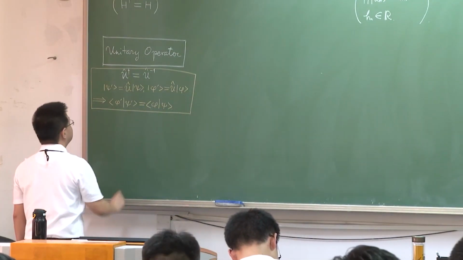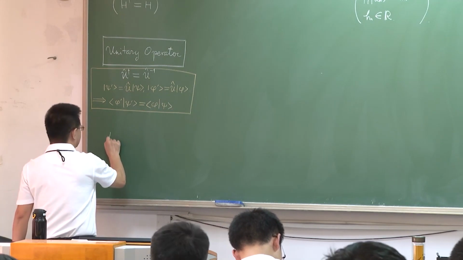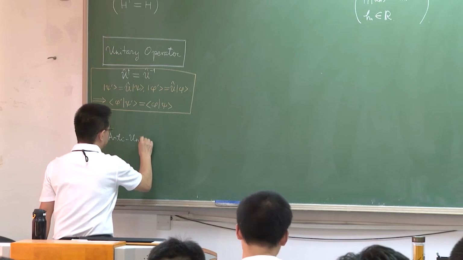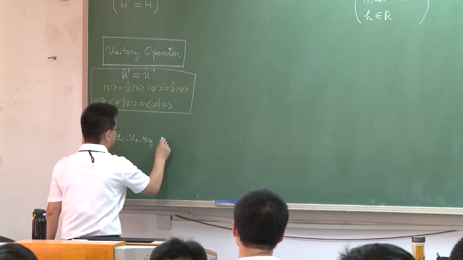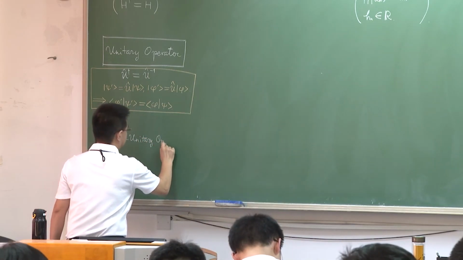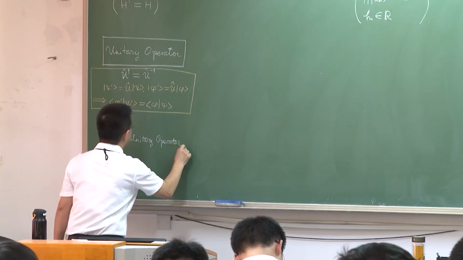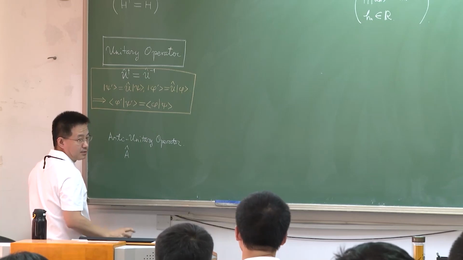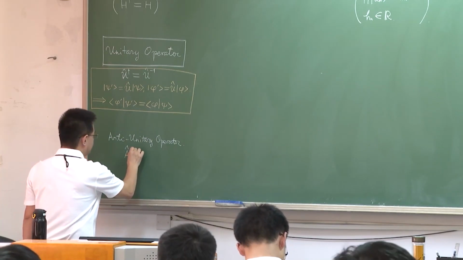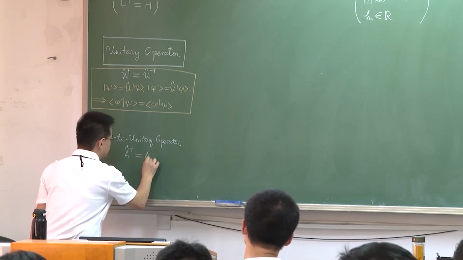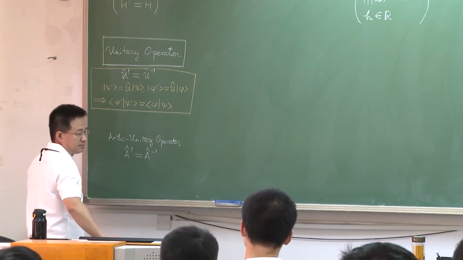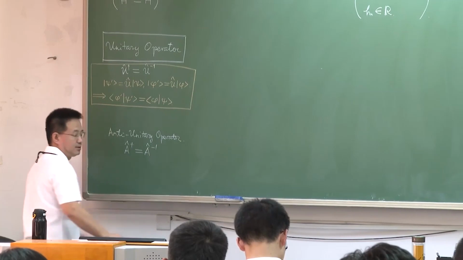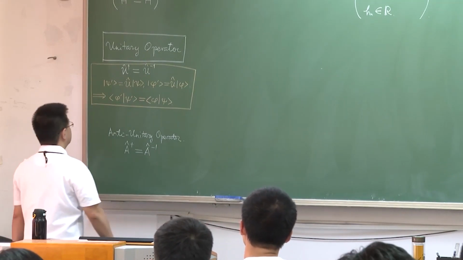And we have an anti-unitary operator, which is a very special thing. For the anti-unitary operator, A dagger is also equal to the inverse of A. But what's the difference between the anti-unitary and unitary operators?